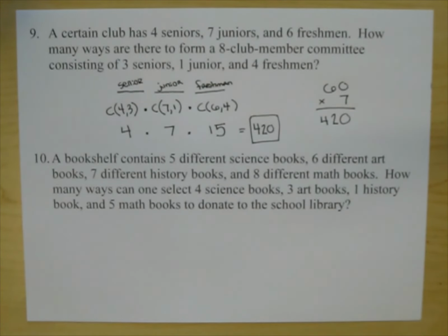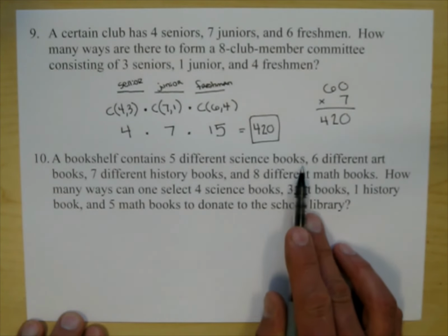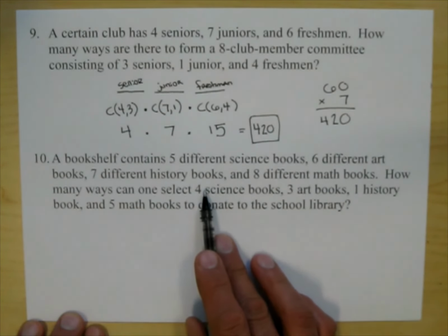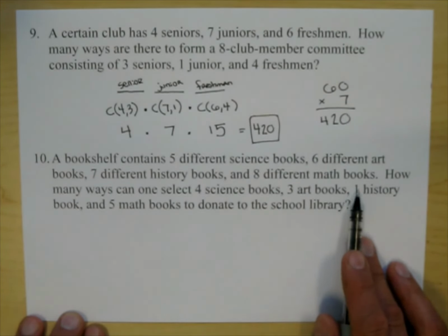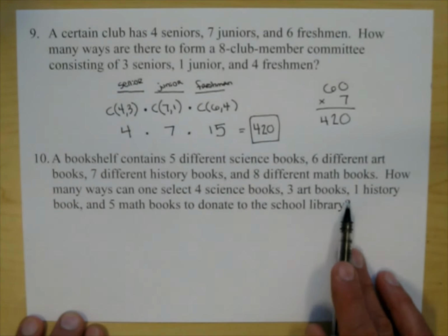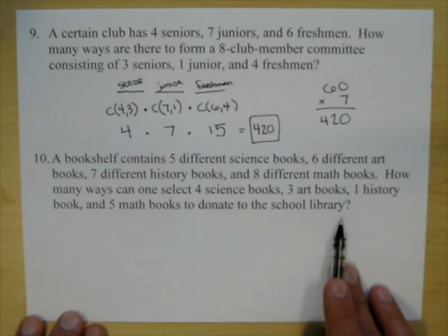Next problem. The next problem says, a bookshelf contains 5 different science books, 6 different art books, 7 different history books, and 8 different math books. How many ways can you select 4 science books, 3 art books, 1 history book, and 5 math books to donate to the school library?